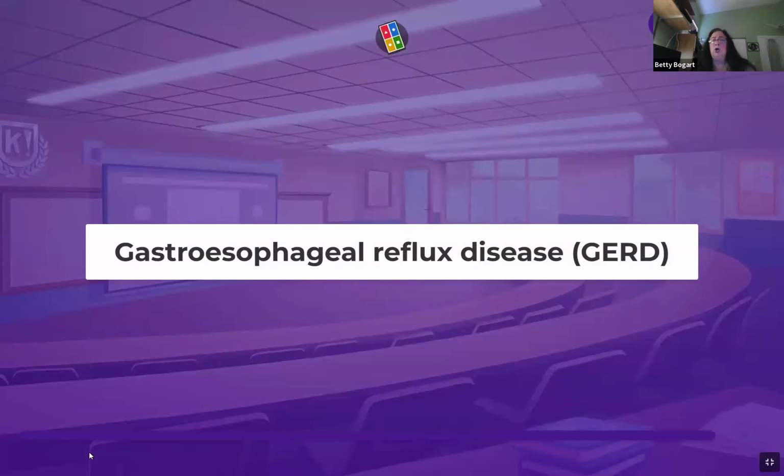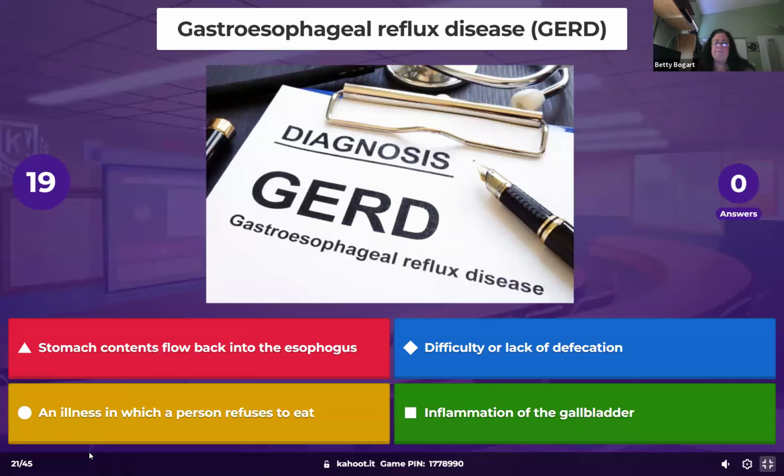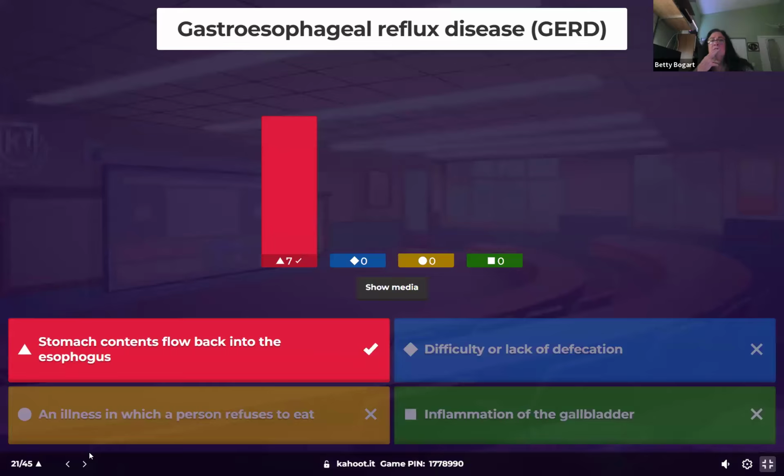Gastroesophageal reflux disease, GERD. What's that? So, GERD is when the stomach doesn't hold the formula, the milk down, and it goes up into the esophagus.